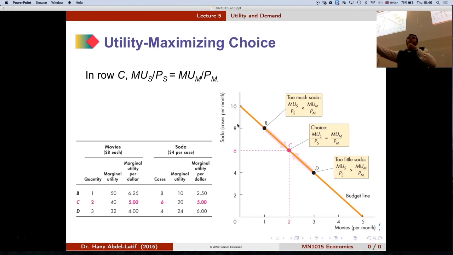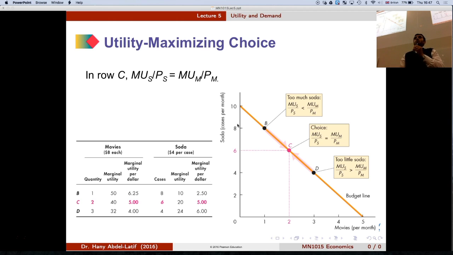You can't change the price. What you can control, what you can decide on is how many units to buy, which is the marginal utility. So as a consumer, I can change the marginal utility by buying more or less, but I can't change the price. Okay? So I want to change this marginal utility because it's less now, so I want to make it more. So I want to increase the marginal utility. That means I should consume less soda.